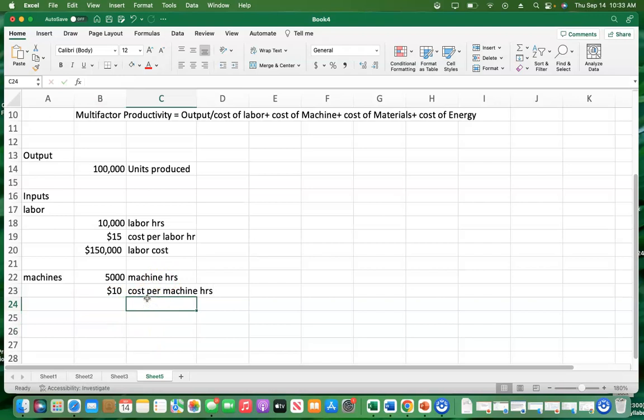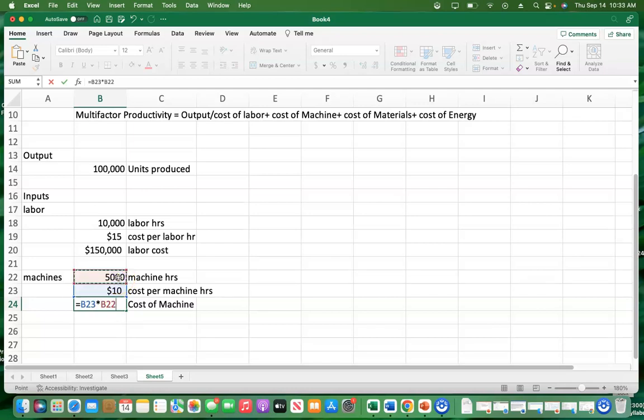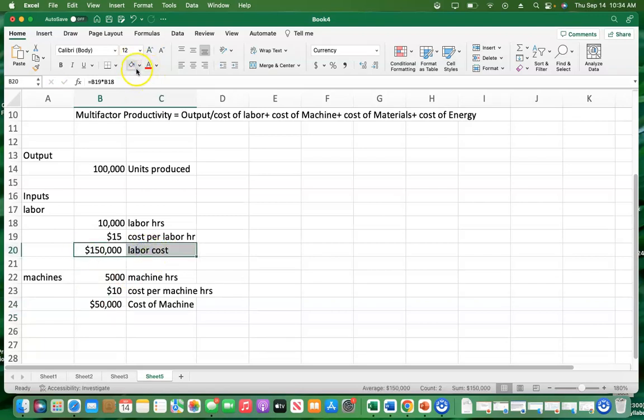And in this case, we can find the cost of machine, which will be, you put an equal sign, and so we'll take $10 times the machine hours, and so in this case we get the cost of machine. Let me highlight this and the other one here.